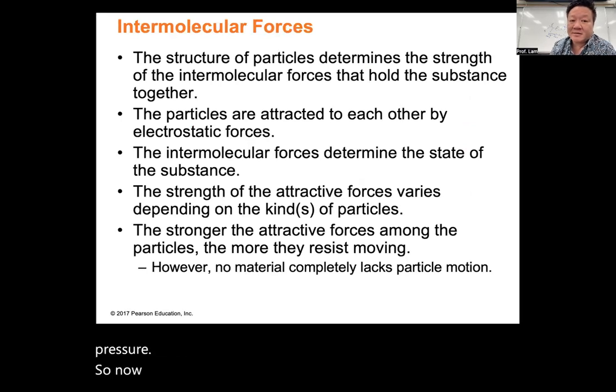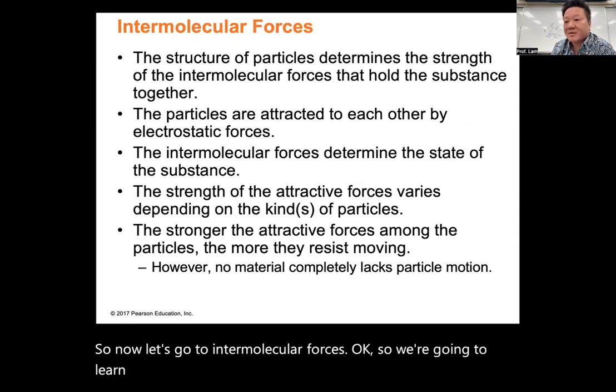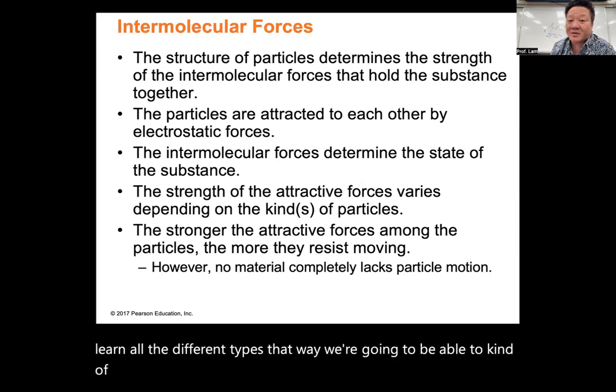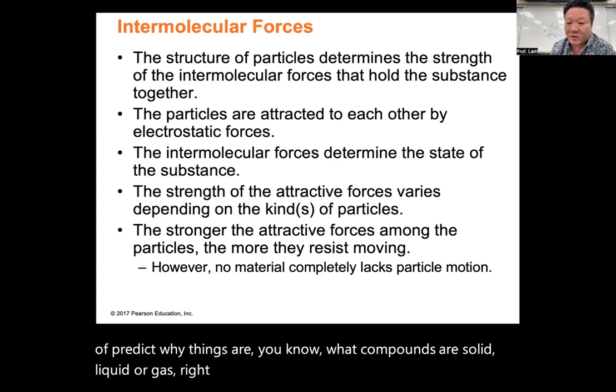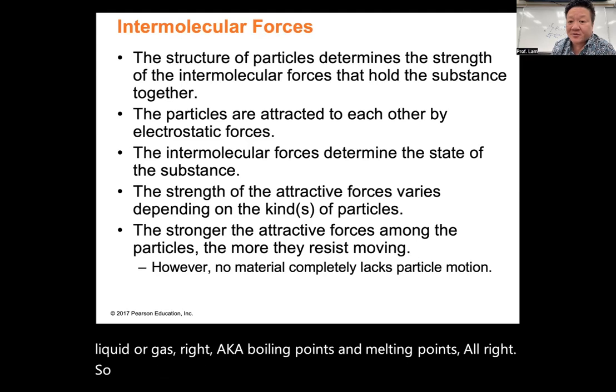So now let's go to intermolecular forces. We're going to learn all the different types, that way we're going to be able to predict what compounds are solid, liquid, or gas, AKA boiling points and melting points. All right, so intermolecular forces are the forces that hold the molecules together.